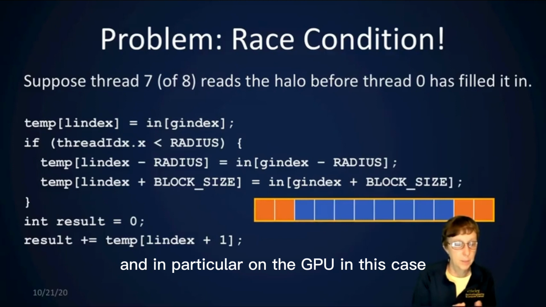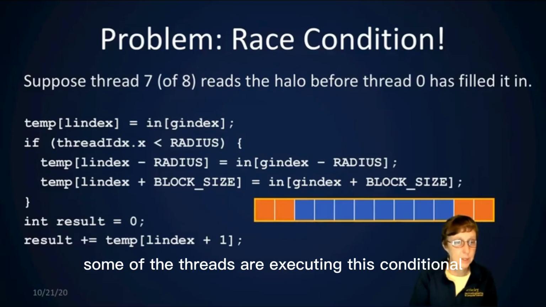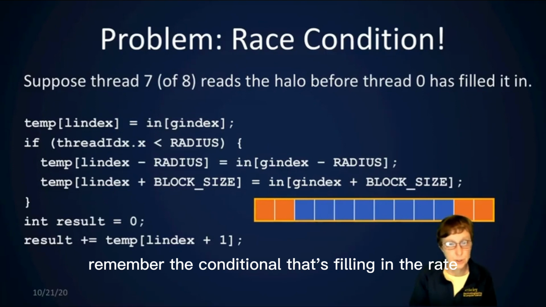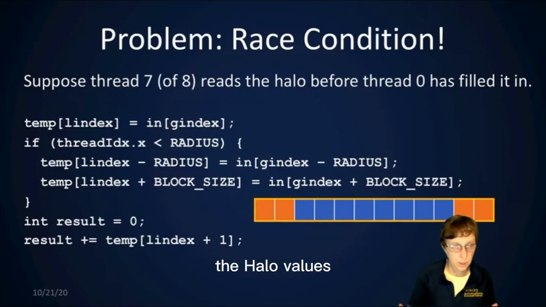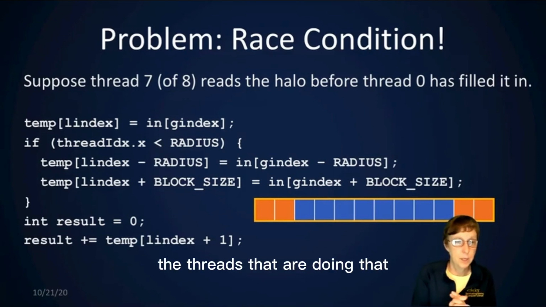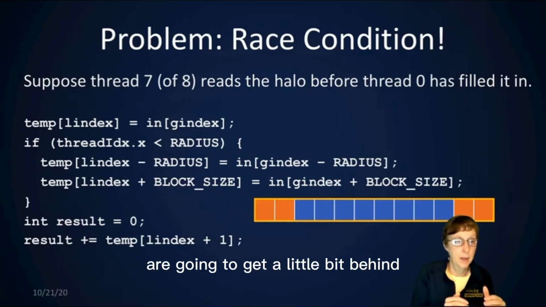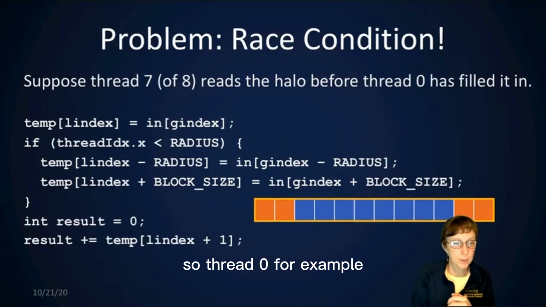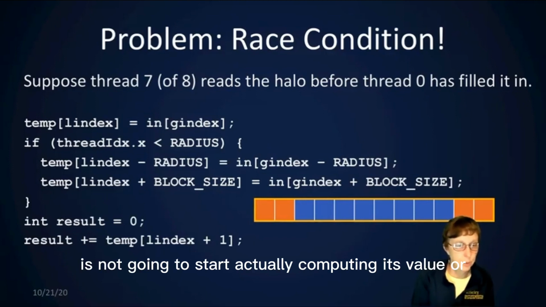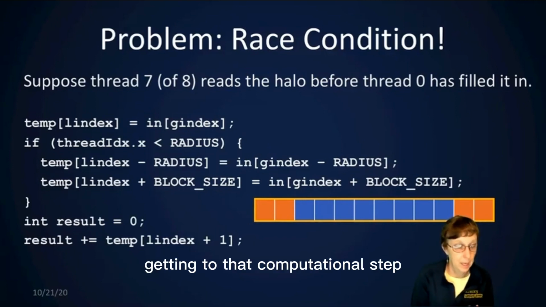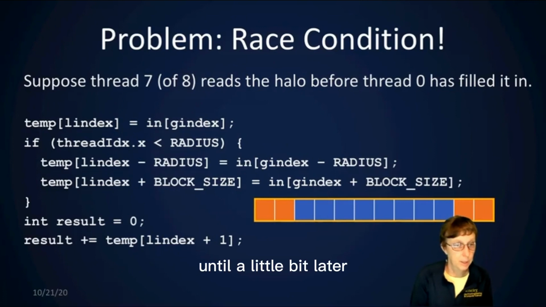And in particular on the GPU in this case, some of the threads are executing this conditional, remember the conditional that's filling in the halo values. And so the threads that are doing that are going to get a little bit behind. So thread 0, for example, is not going to start actually computing its value until a little bit later.